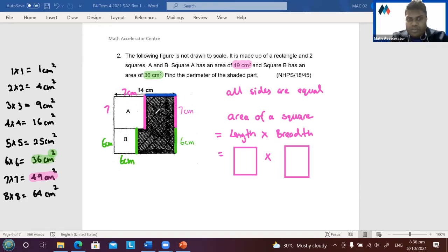Okay, so for the blue part there, you take 14 cm minus 7 cm. That will get you 7 cm. So this part here is 7 cm. Okay then, so what about this part here?